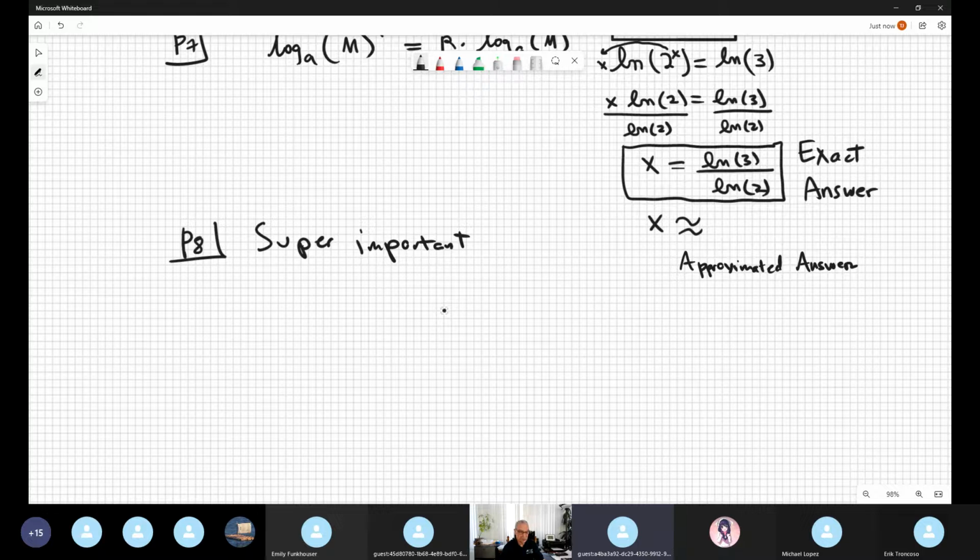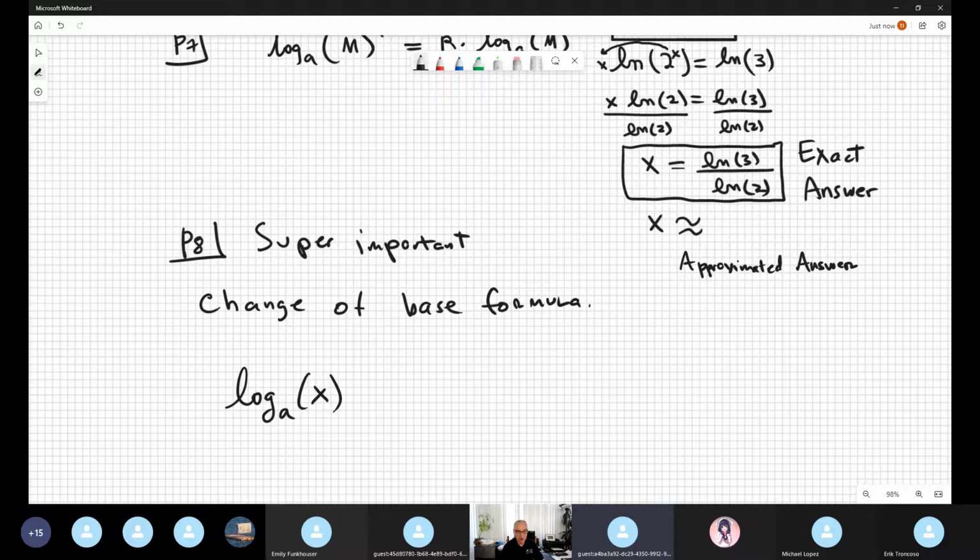The name of this is change of base formula. And let me try to write. Let me explain the idea behind this. You have the logarithm of any base I want to call a, of one expression I want to call x.